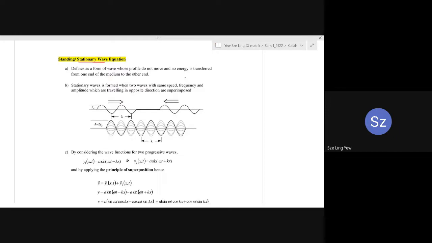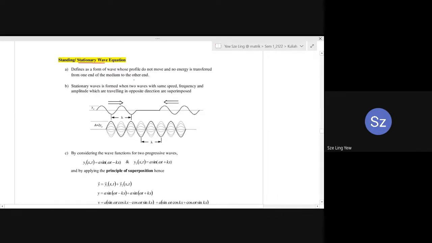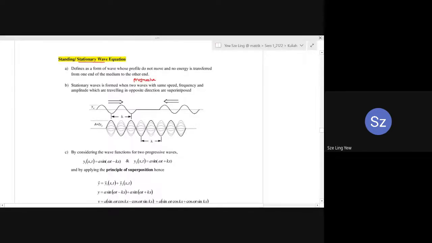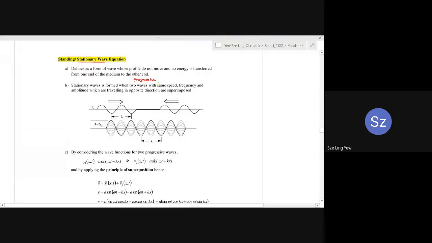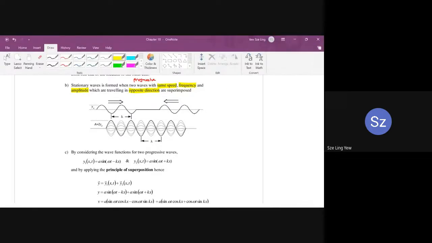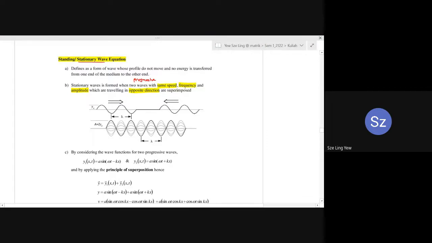It just stays. Now, a stationary wave is formed when two progressive waves, to be more precise, with the same speed, this is the condition to obtain a stationary wave: same speed, same frequency, same amplitude, and traveling in opposite directions. So in order to obtain a stationary wave, these are the conditions.